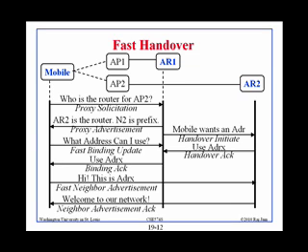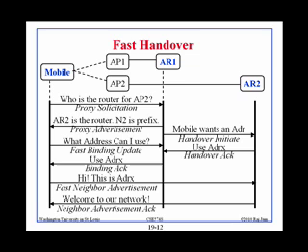So it will say AR2 is the router and N2 is the prefix. By the way, the names below the lines are what we call the message name. So it will send a proxy solicitation, whose English meaning is who is the router for access point 2. The real name is proxy solicitation.